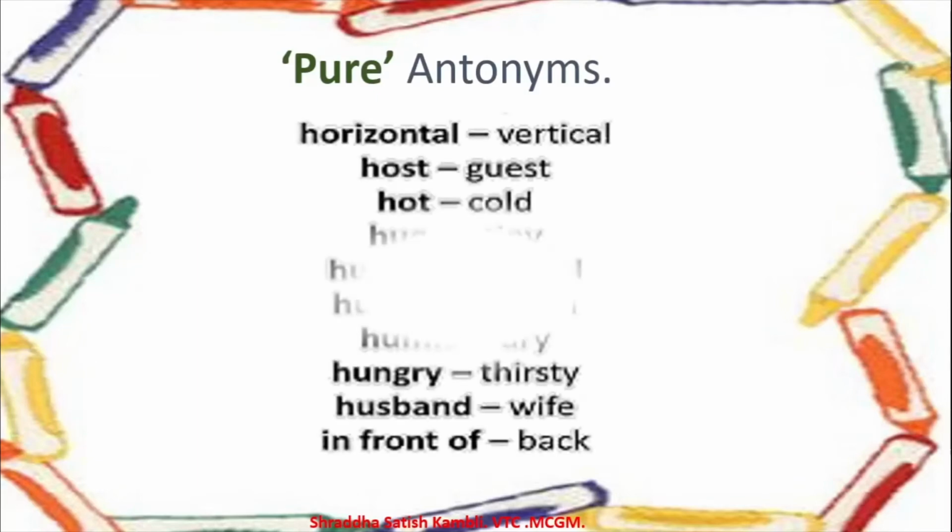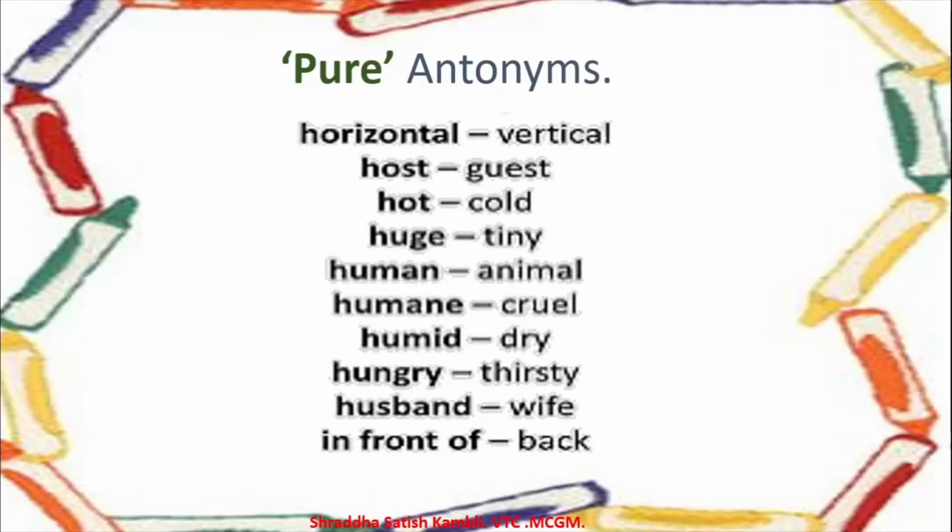So you have horizontal, vertical, host, guest, hot, cold, huge, tiny, human, animal, humane, cruel, humid, dry, hungry, thirsty, husband, wife, in front of, back, or you can also say behind. So these are examples of pure antonyms.